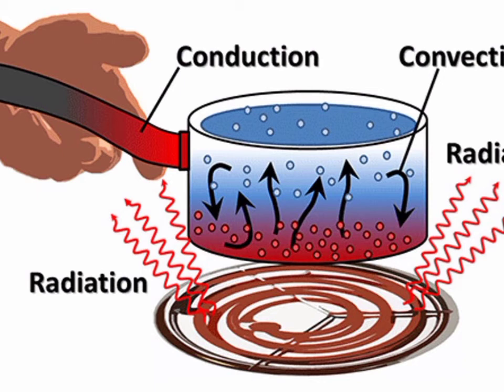The less dense liquid moves up the pot, while the cooler liquid at the top moves down. That is how convection current is created, when a substance has a difference in temperature, which affects the density of the liquid. So we have a continuation of warm water moving up and cool water moving down. That's so simple to understand.